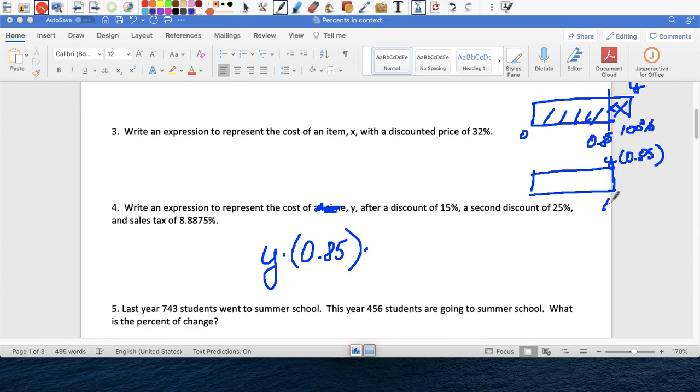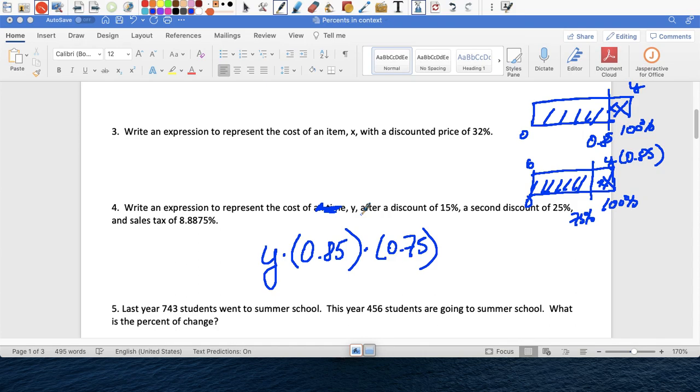And this is 100% because we have a brand new price. And they're going to take 25% of it. So from there, they take 25%, and you're left with 75%. How do you find that 75%? You're responsible for the new price after the 15% discount, times 0.75.